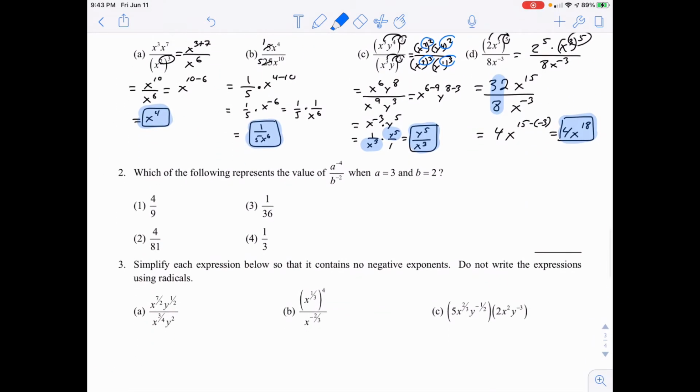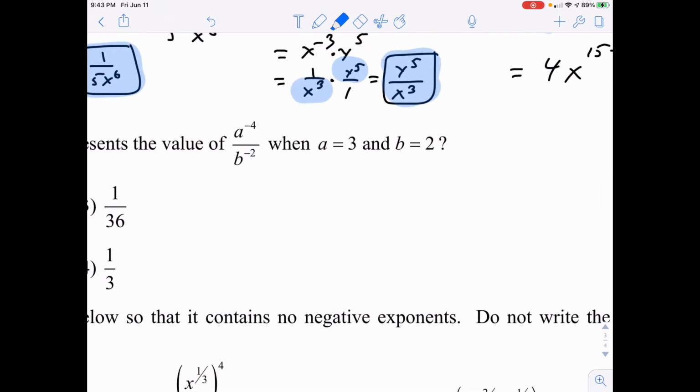In part 2, it says, which of the following represents the value of a to the negative 4th, b to the negative 2, when a is 3 and b is 2? So I'm going to replace a with 3 and b with 2, and then compute. So this is 3 to the negative 4th power over 2 to the negative 2nd power.